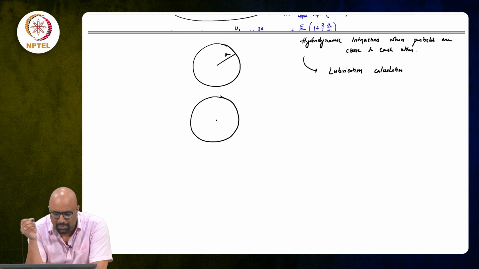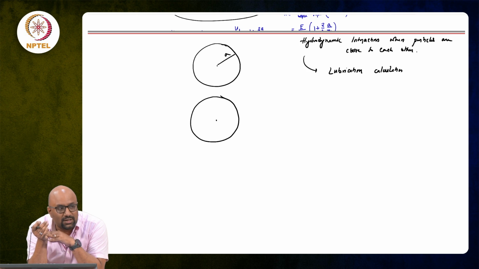But primarily the focus of what we are going to discuss is going to be in the context of two equal size spherical particles, because we have seen from the previous discussion that whatever we did in that reflection based calculation is obviously going to work when the particles are far apart. Once I bring the particles closer, as we said, we need more and more terms in the reflection calculation.